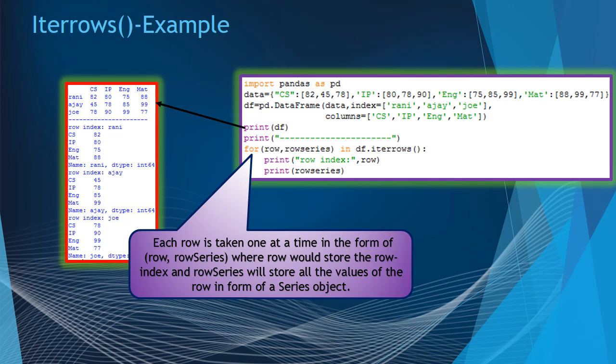Then it will print the row index and row series. So the first row is Rani, the row index is fetched, and the corresponding values 82, 80, 75, 88 are printed. Likewise, the next Ajay row is fetched and the Joe row is fetched, and the corresponding values are assigned to the row series and printed.